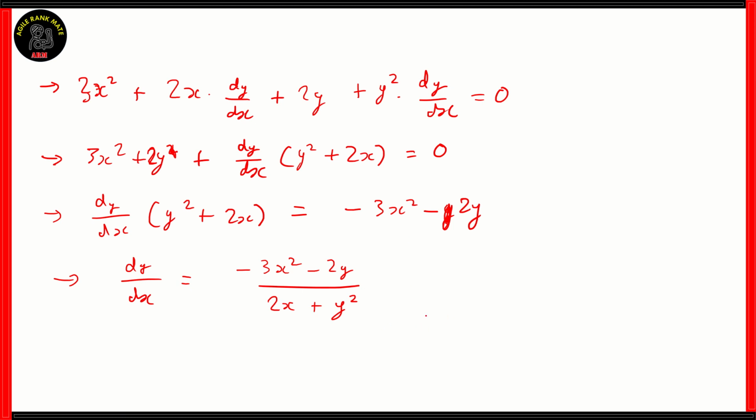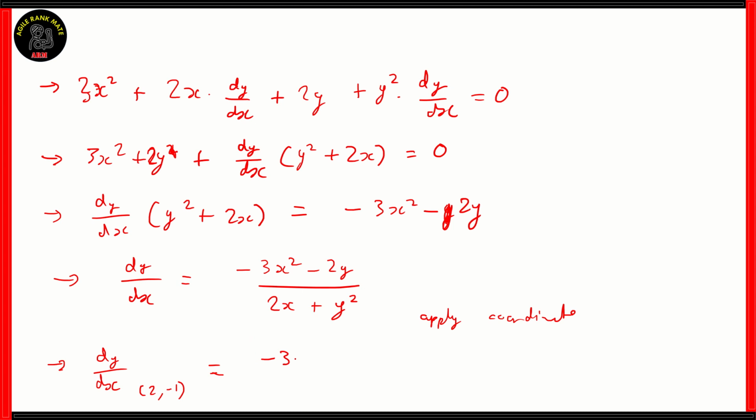So what we're going to do is apply the coordinates. So when you apply the coordinates, what we get on the left-hand side is dy by dx at the points 2, minus 1, which means we're going to have to add 2 in every place of x and minus 1 in every place of y.